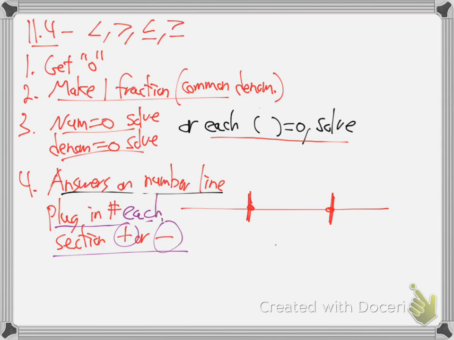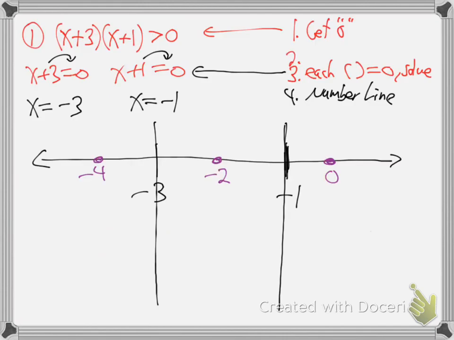Plug a number into each section, into the version with the 0.